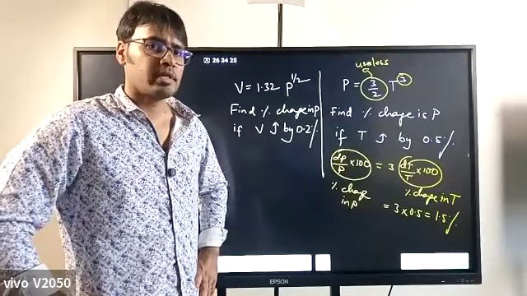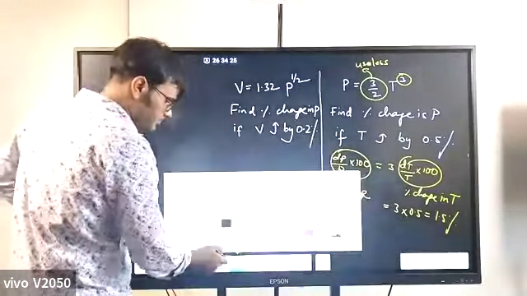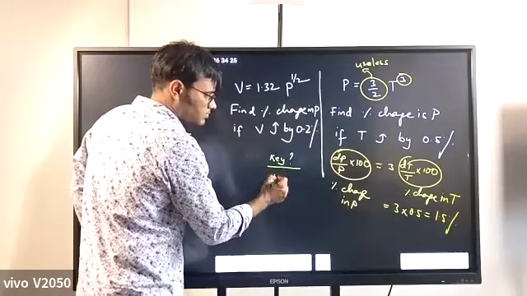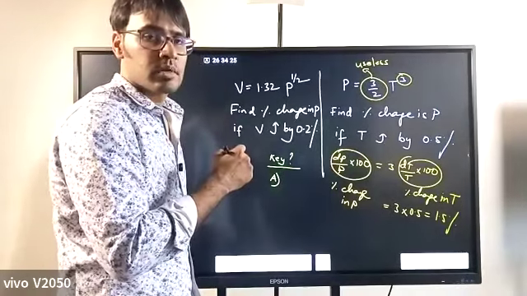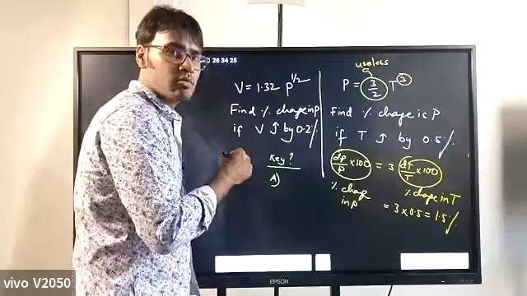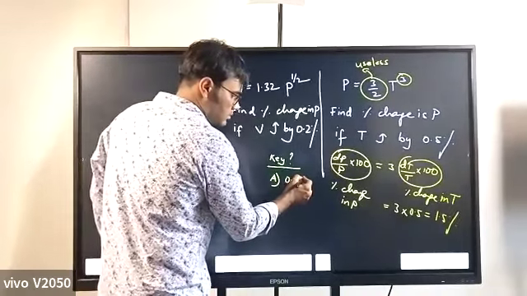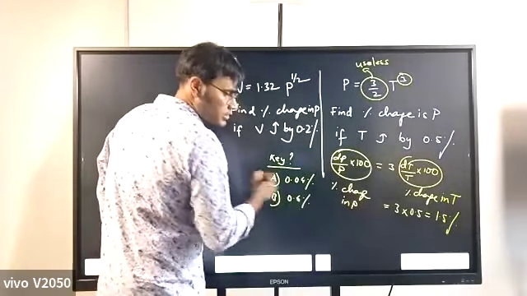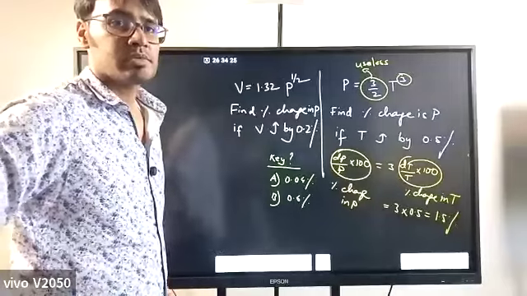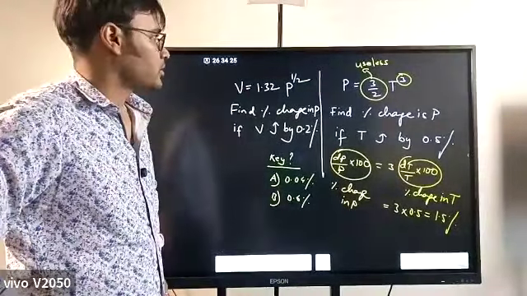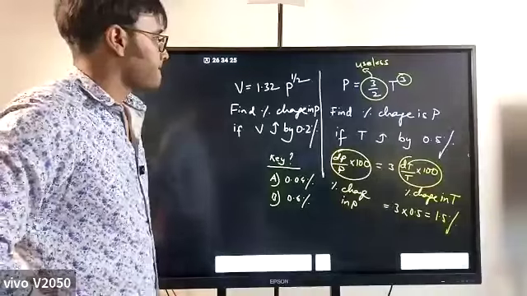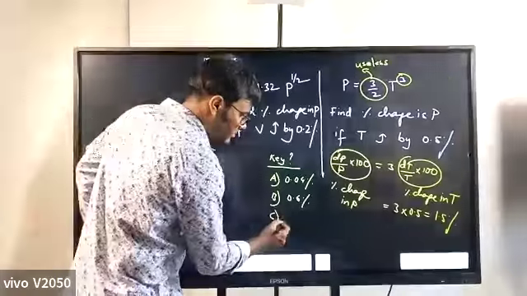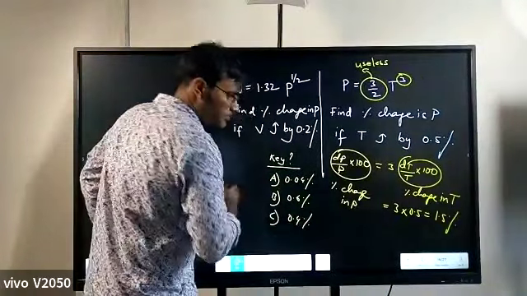Sai Sant is reporting one answer. Chandrahas is saying 0.04 and Sai Sant is writing 0.6%. Anyone else? Two answers I got for you. Diksha, give me the next answer, 0.4.